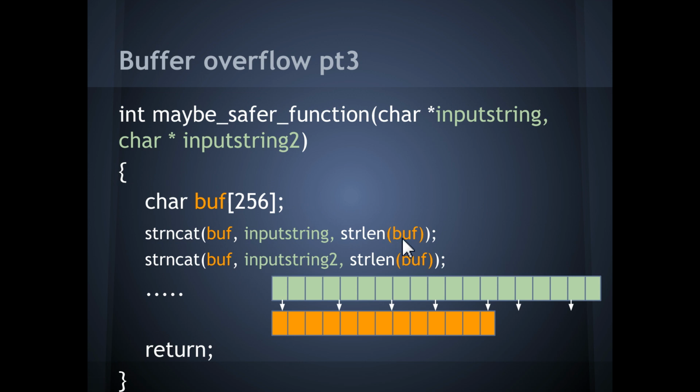The problem here is that this is going to start the second strncat on the first null terminator character it sees. So if that's all the way at the end or over halfway through the buffer and it starts writing all this extra stuff, it can corrupt the adjacent memory as it will write out of bounds.